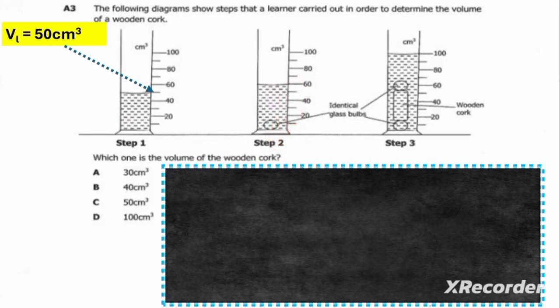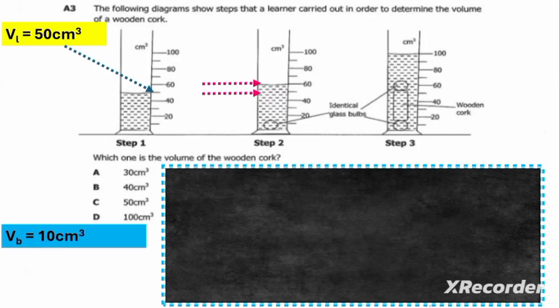So therefore, we can easily say the volume of the bulb is 10 cubic centimeters.